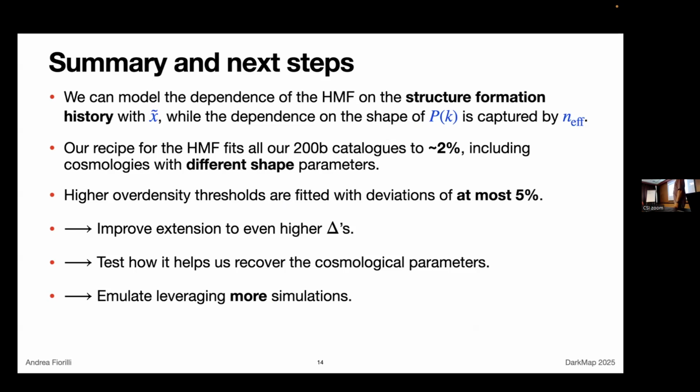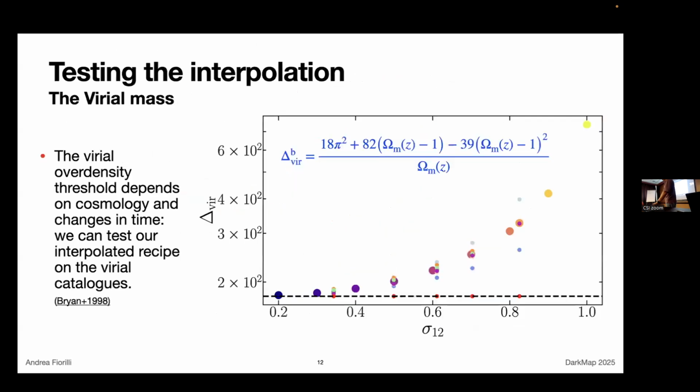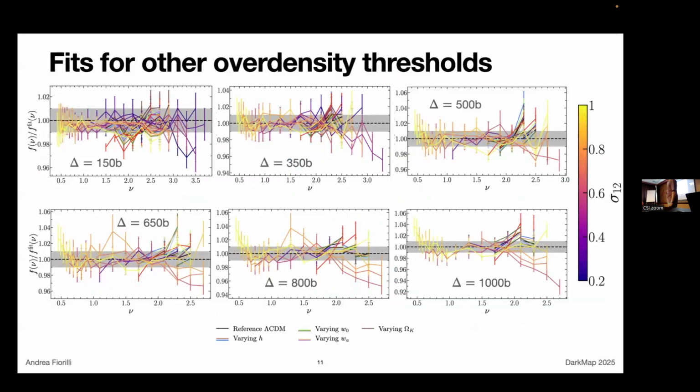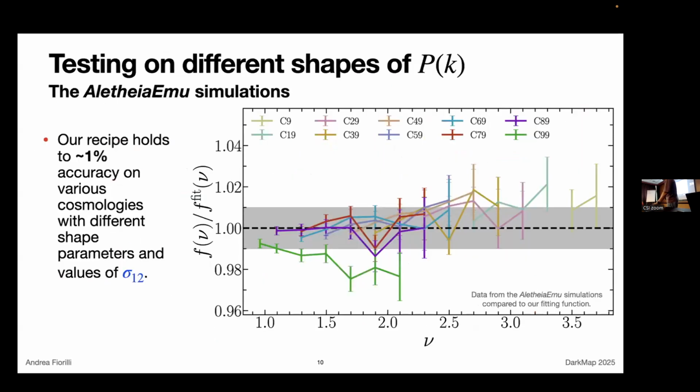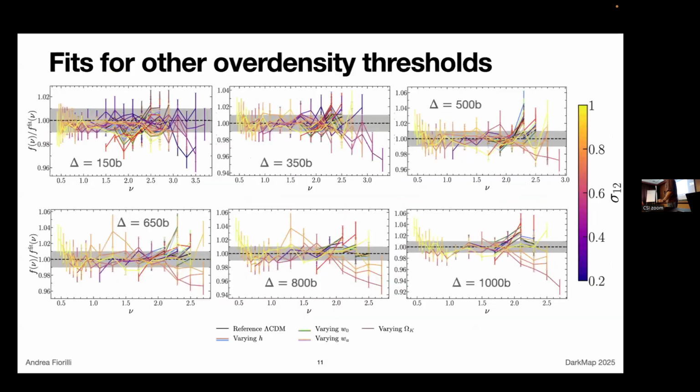So there was a discrepancy for large mass halos, even within our box, in the figures that you were showing. Maybe can we move to the next slide?